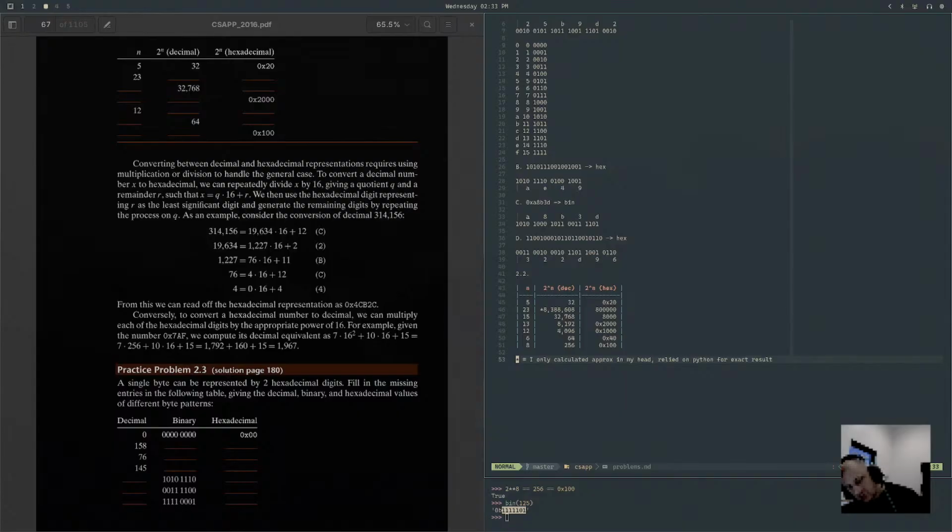Then use the hexadecimal digit representing r as the least significant digit and generate the remaining digits by repeating the process on q. As an example, consider the conversion of decimal so-and-so.